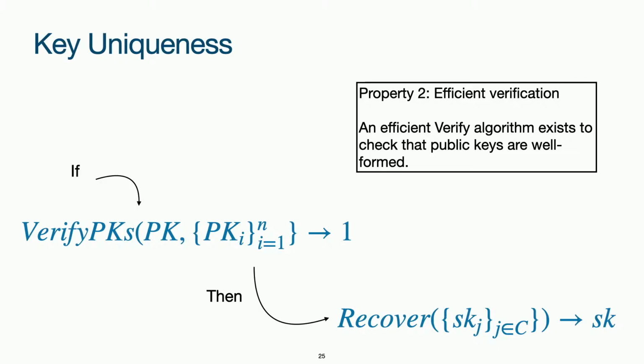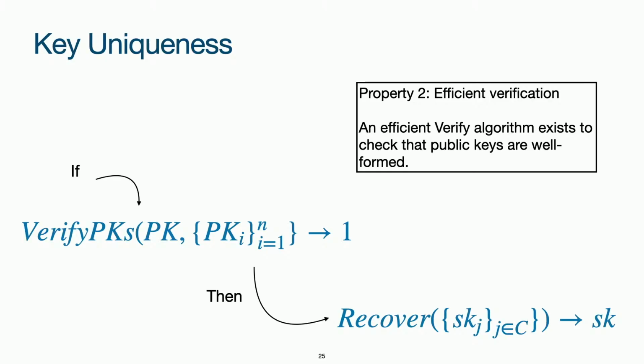For the second property, efficient verification, we say that there is a verification algorithm that can check if the public keys are well-formed. If this algorithm says that these keys are valid, then given secret key shares from the set of parties, you can recover the secret key.